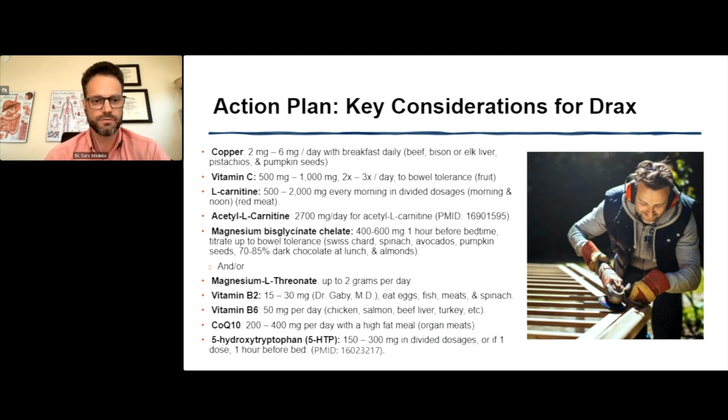If you love research and want to look at the PMID numbers, you can look them up on PubMed. For carnitine, the typical starting dose would be 500 milligrams of L-carnitine powder or another source, liposomal or otherwise, you can get. So eating more red meat if you're okay with your patient eating red meat.